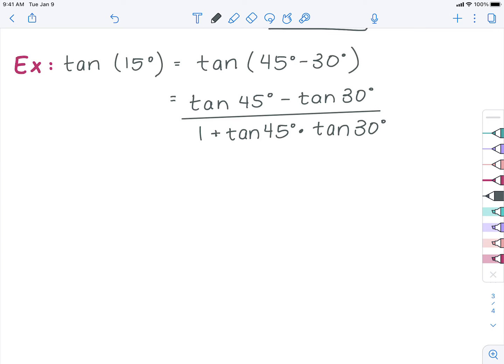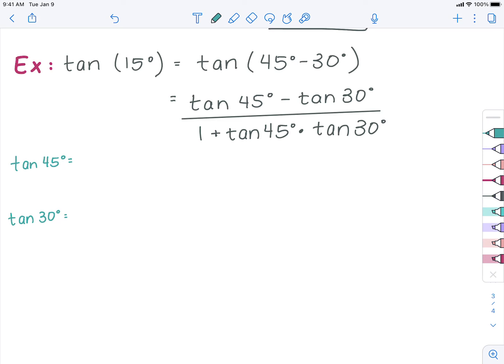And now I just need to evaluate all of these things. So the first thing I'm going to do off to the side is find tangent of 45 degrees and tangent of 30 degrees. I want to get those numbers and then go back into my original problem and plug in.